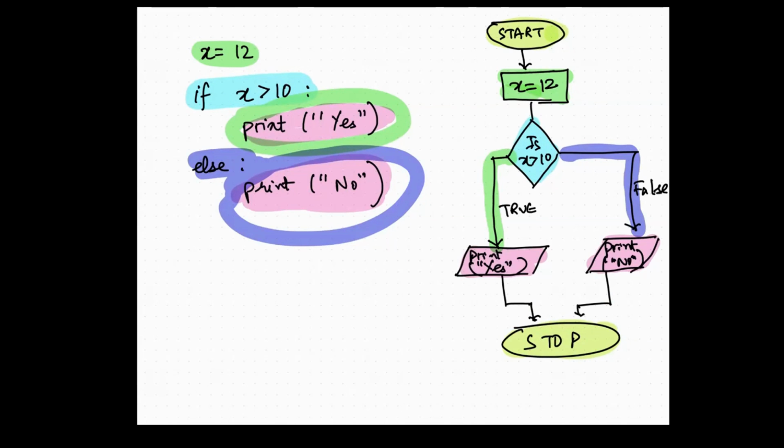So importantly, we're using this colon to indicate the scope. So everything which is happening when this condition is true is coming in this branch, right?